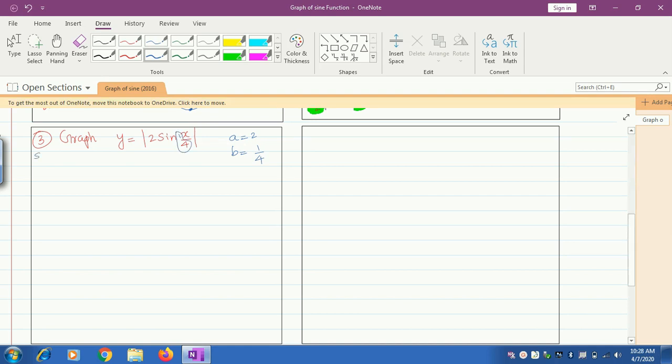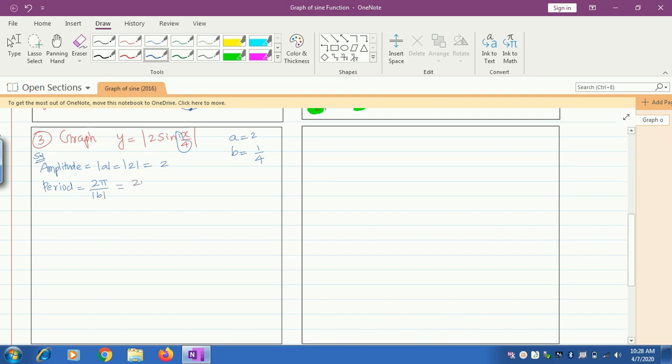As usual, the amplitude and the period. So the amplitude is equal to 2, and the period is equal to 2 pi over absolute b.